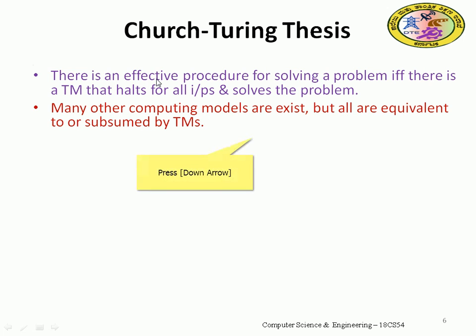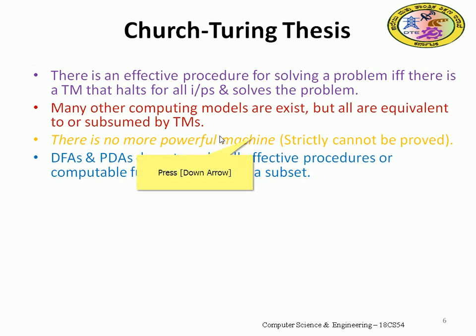Many other computing models exist in the literature, but they are equivalent to or subsumed by Turing machines. That there are no more powerful machines cannot strictly be proved. DFA, deterministic finite automata, and pushdown automata do not model all effective procedures and computable functions, but only a subset.